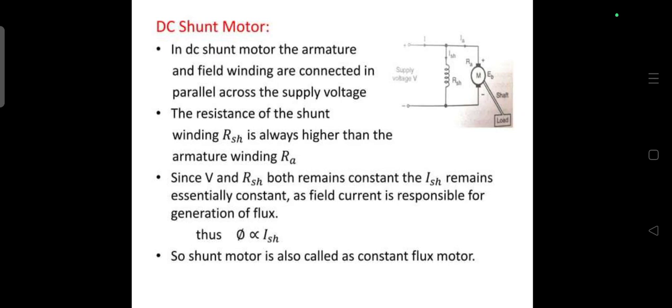The resistance of the shunt field winding is always higher than the armature winding. So the shunt motor is also called a constant flux motor.